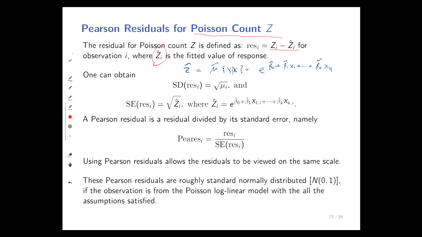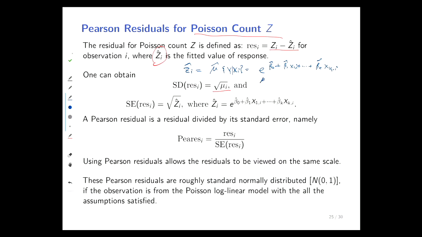So here I just give you the standard deviation directly. The standard deviation here is the square root of mu i. So what's mu i? I think we need to clearly specify this. Let's write down the mean fitted value given each xi.